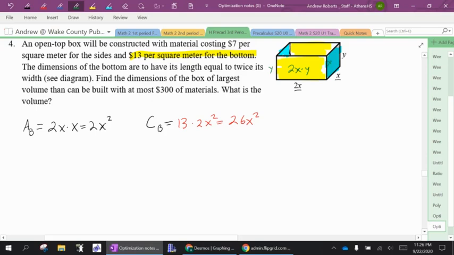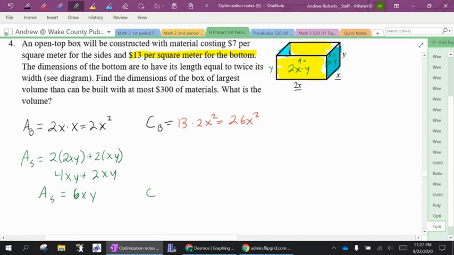This is going to be xy for that area. And so the area for my sides is going to be 2 times 2xy plus 2 times xy, which gives me 4xy plus 2xy, which is 6xy.